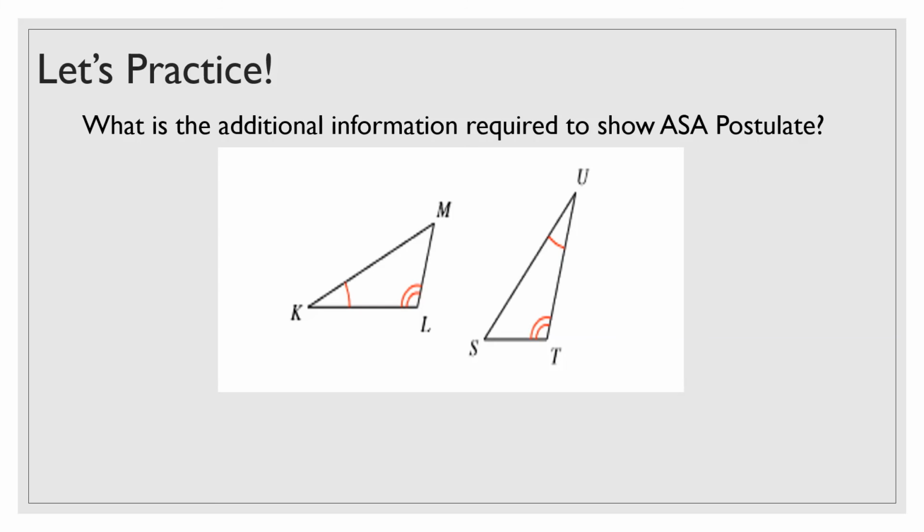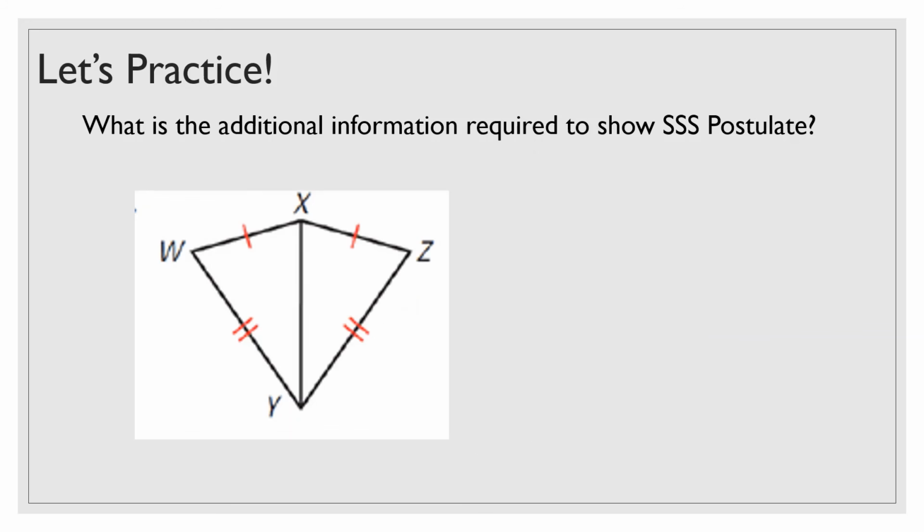The correct answer is KL congruent to UT. Let's try another one. How can we show that the SSS postulate is used in this figure? What additional information is required? If you answered XY congruent to XY, then you are correct.